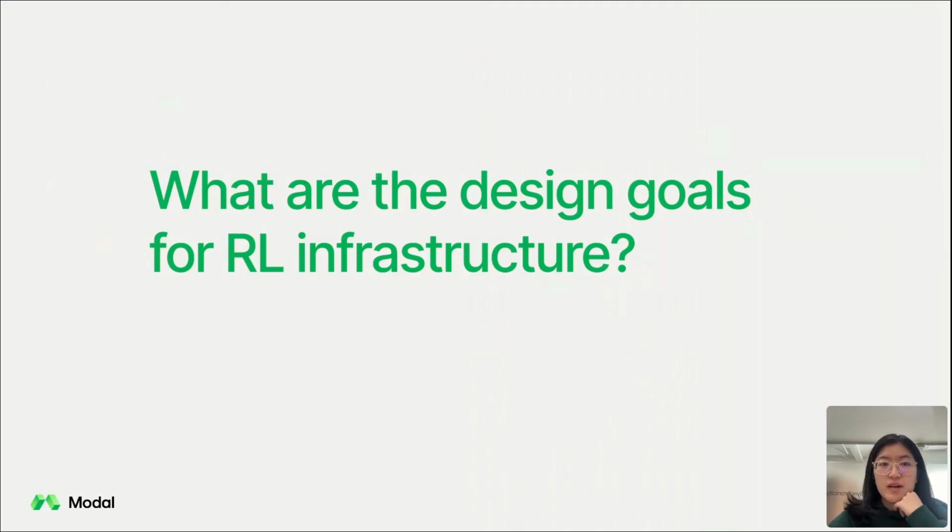So now I want to talk about some design goals that we have for RL infrastructure. When we want to do RL, what are some things that we might care about our infrastructure having? What do we think are some important design goals or qualities we expect from our infrastructure?